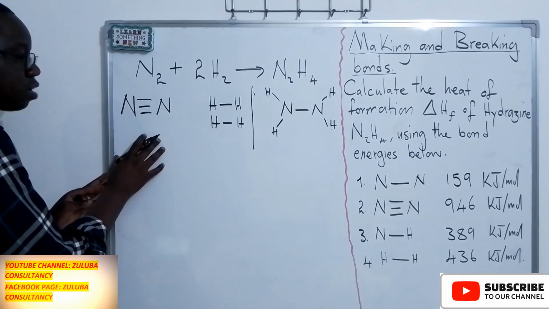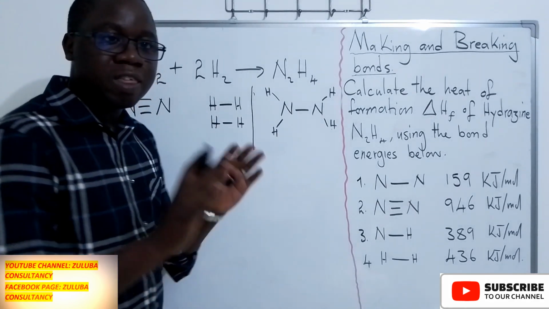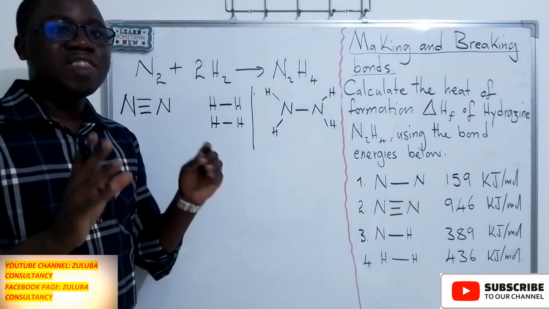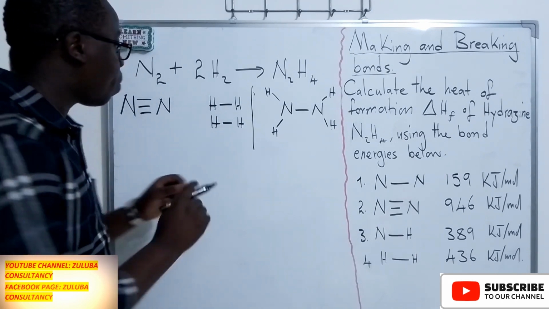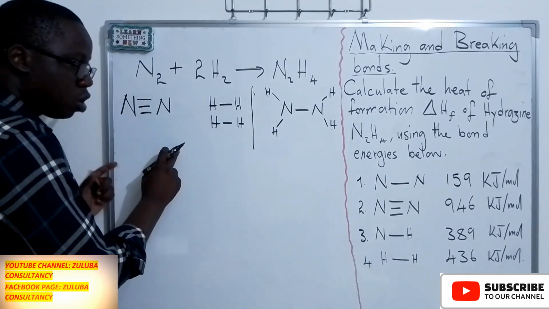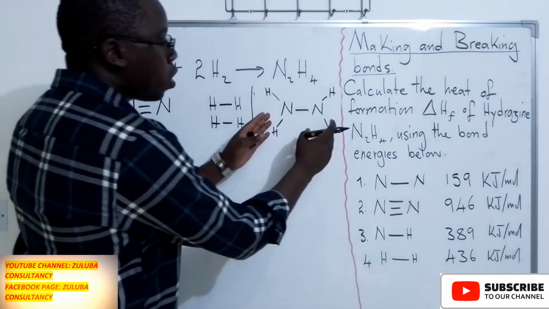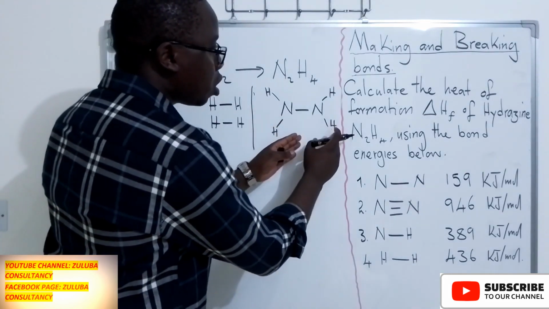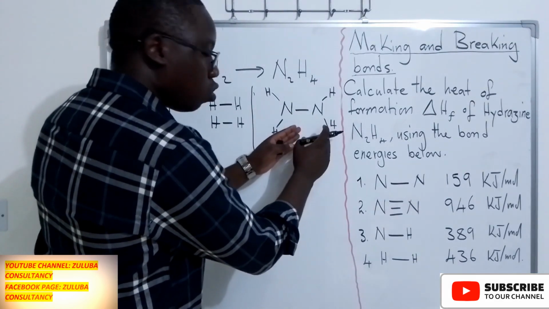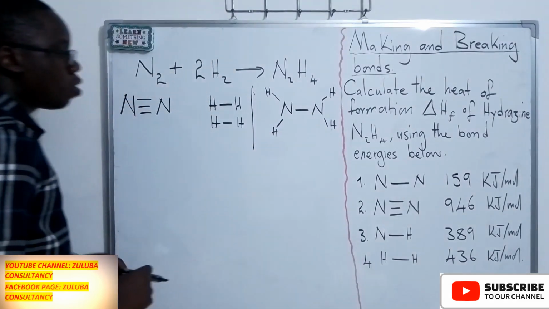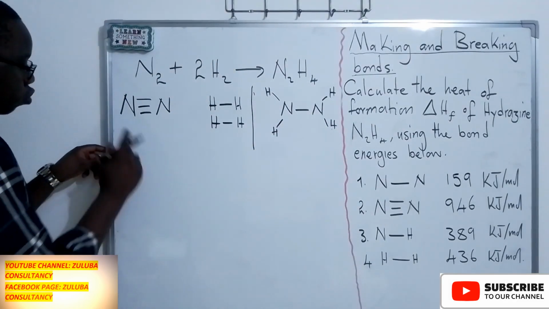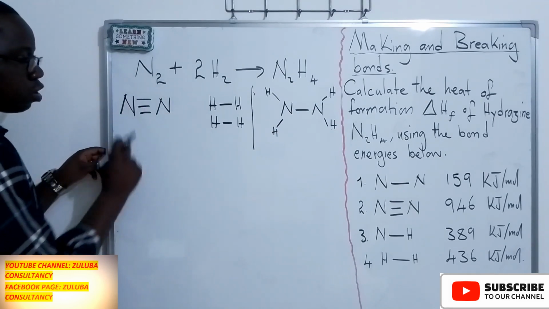On the reactants, we want to come up with the summation of the energy that was used to break these bonds, so that at the end we look at the summation of the energy that was used to form these bonds. When you look at the first one, we have nitrogen.